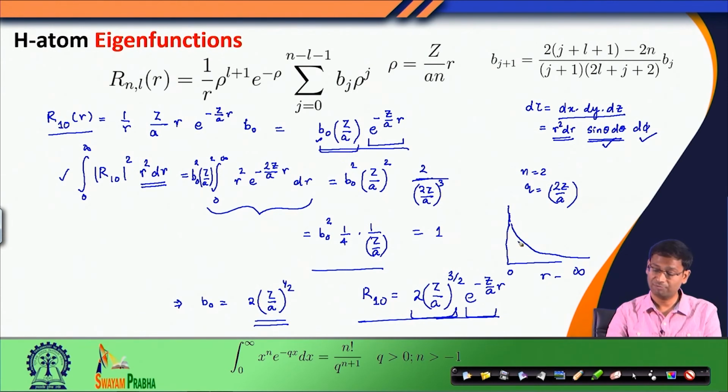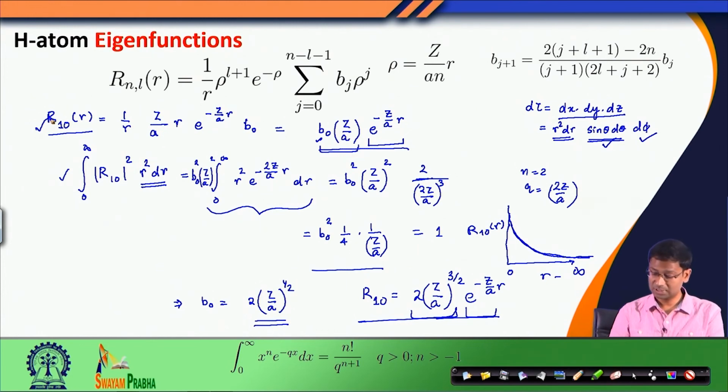For large values of r, this function will become 0. Within this limit, this is a well behaved function. So, I now have an idea of what R 1 0 looks like.